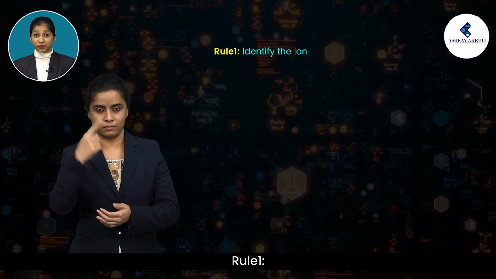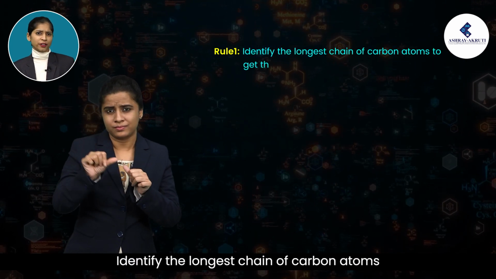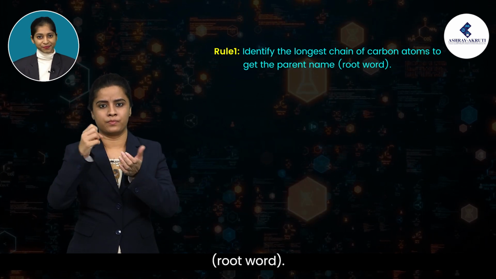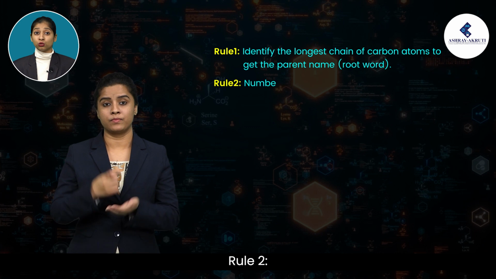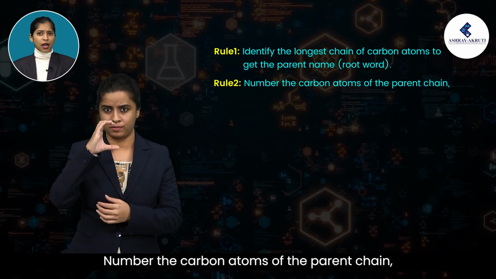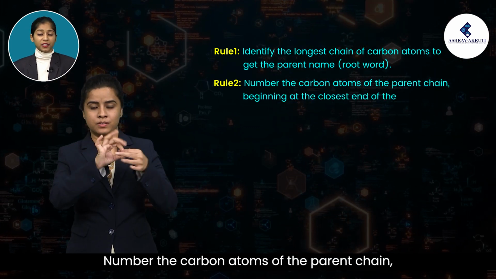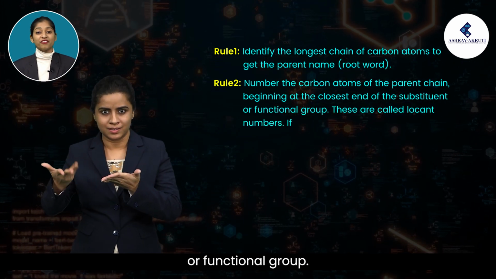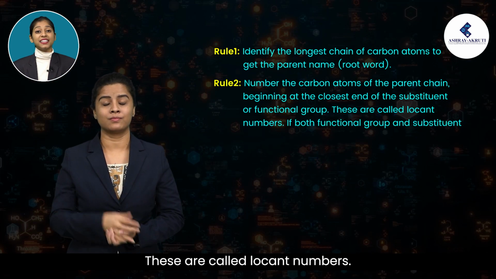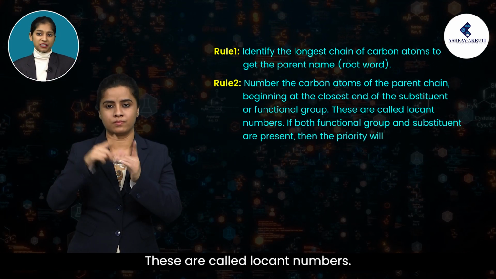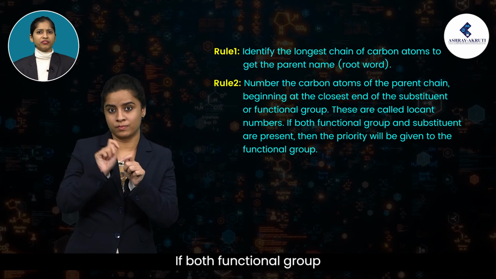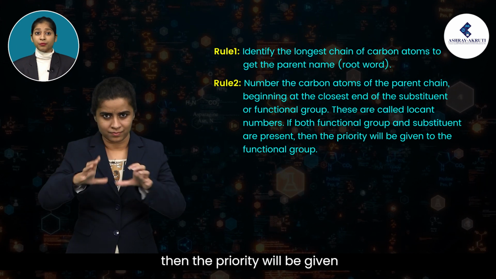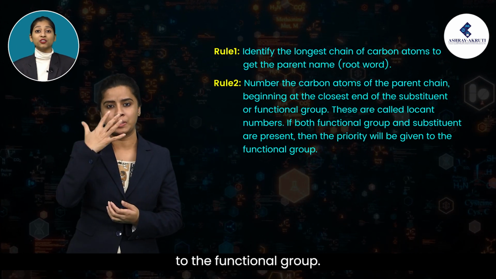Rule 1. Identify the longest chain of carbon atoms to get the parent name, root word. Rule 2. Number the carbon atoms of the parent chain, beginning at the closest end of the substituent or functional group. These are called locant numbers. If both functional group and substituent are present, then the priority will be given to the functional group.